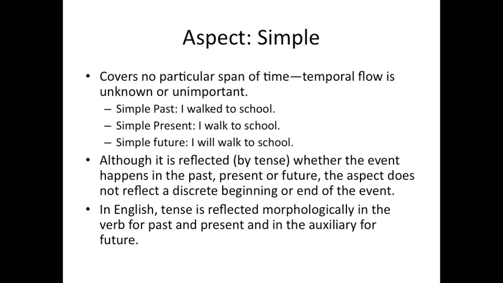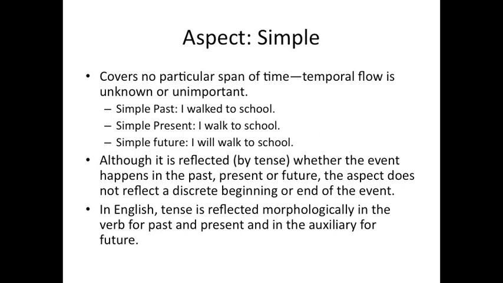So you have the simple past, I walked to school. Simple present, I walk to school. And I will walk to school is the simple future. Although it's reflected by tense, whether the event happens in the past or the present or the future, the aspect doesn't reflect a discrete beginning or end of the event.